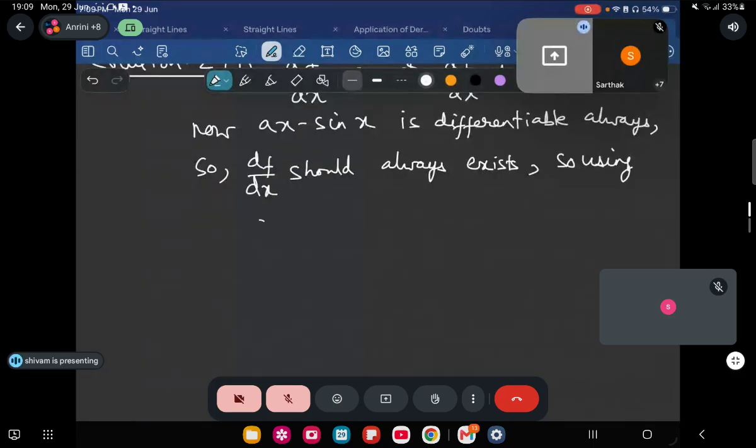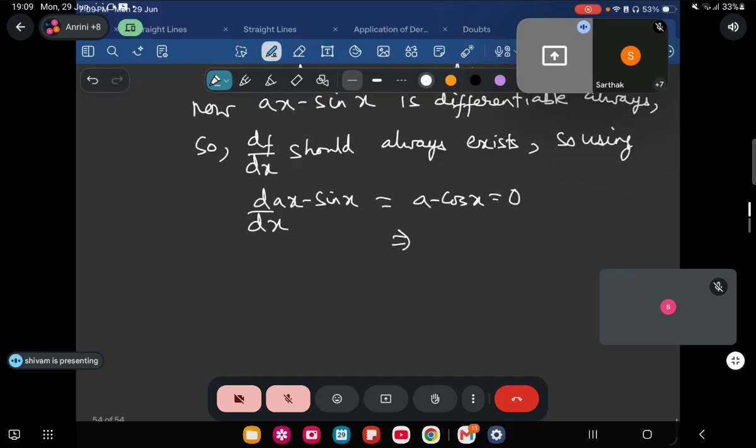the first condition only, that is the derivative is equal to zero. d by dx of ax minus sin x will be equal to a minus cos x, which is equal to zero. This implies cos x cannot be equal to a. So from here, what do we see?